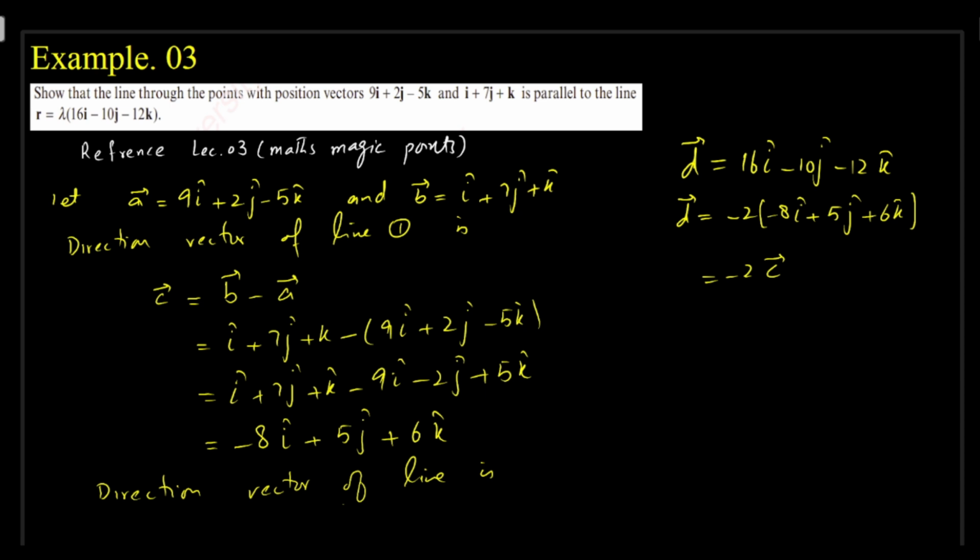As d vector is a multiple of c vector, this implies d vector is parallel to c vector. As direction vectors are parallel, hence the given lines are also parallel.